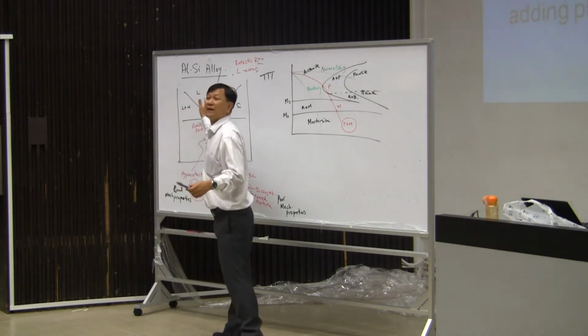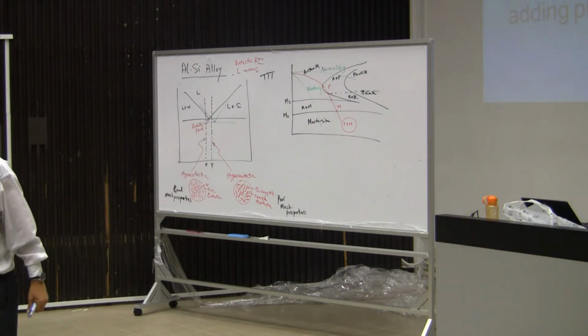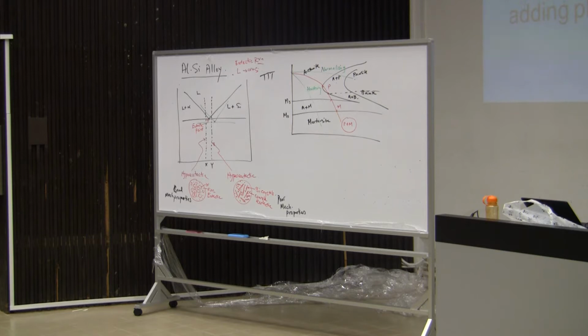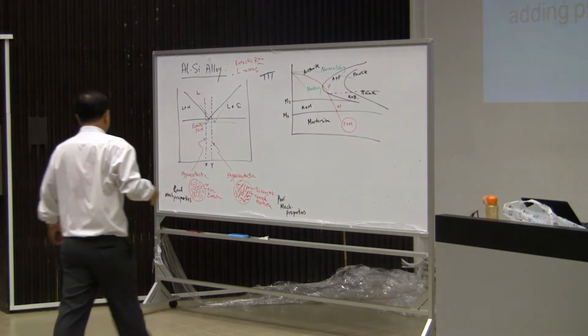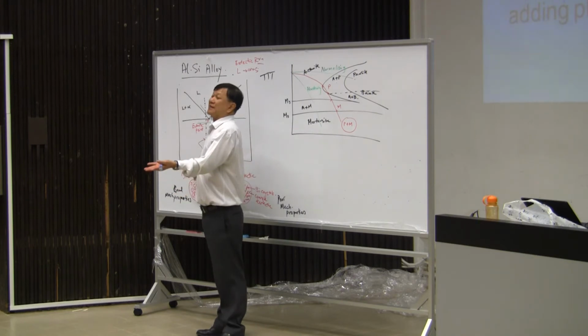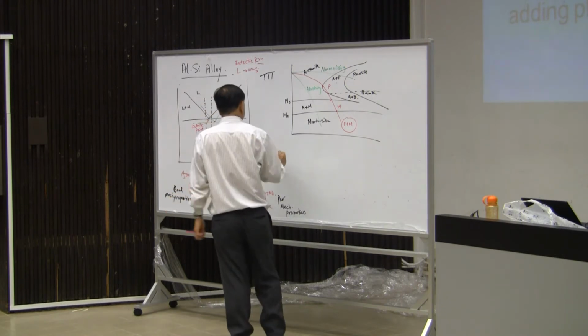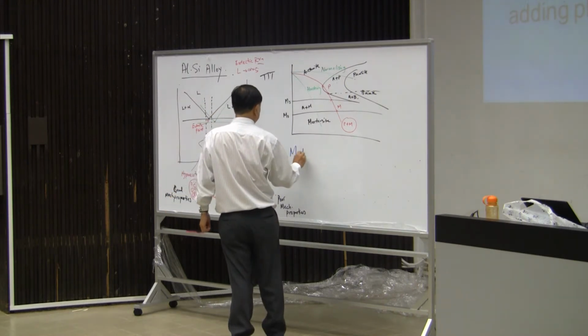How do you do modification? You add sodium, provided you are having a hypoeutectic alloy. Because it is already this type of structure, so you do modification.